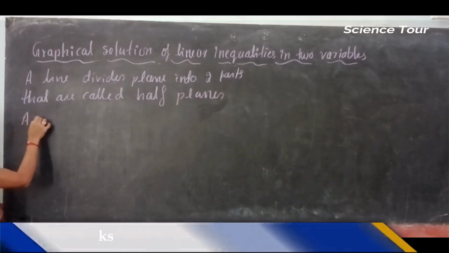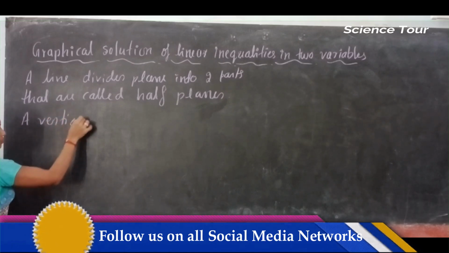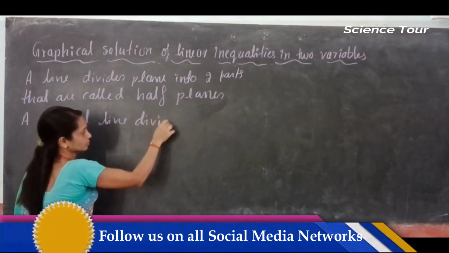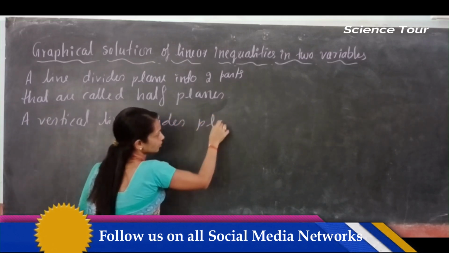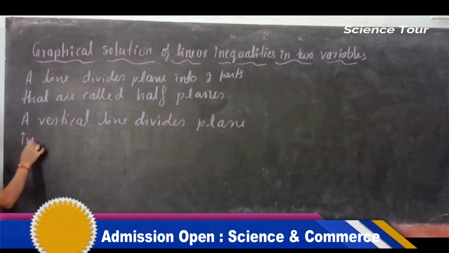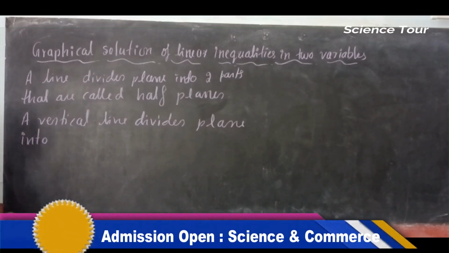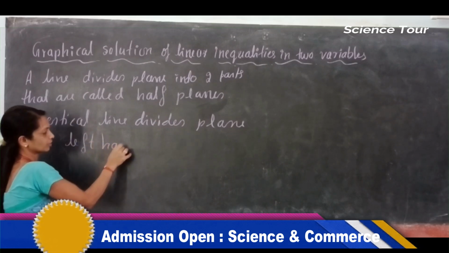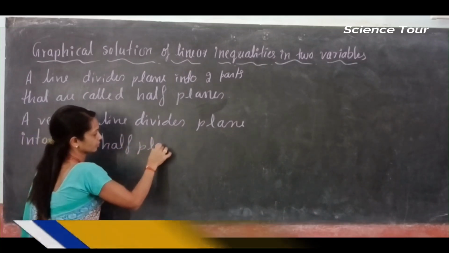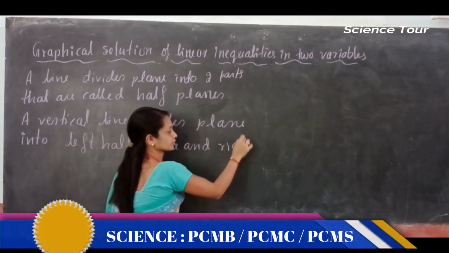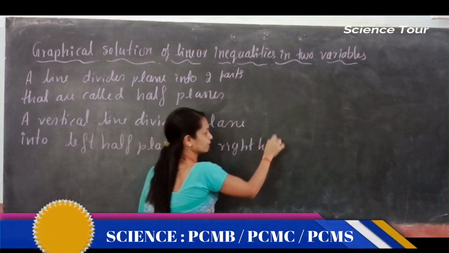And a vertical line divides that plane into what and what? Into left half plane and right half plane.